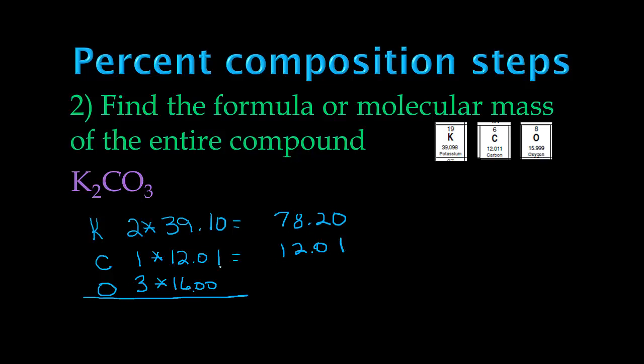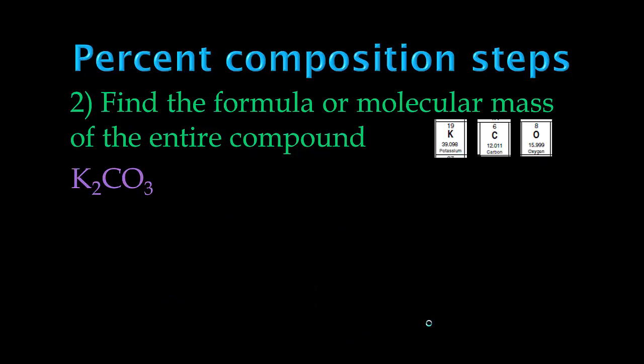And 3 times 16 is 48.00. We add all of those up together, and we get 138.21 grams per mole, or AMUs.